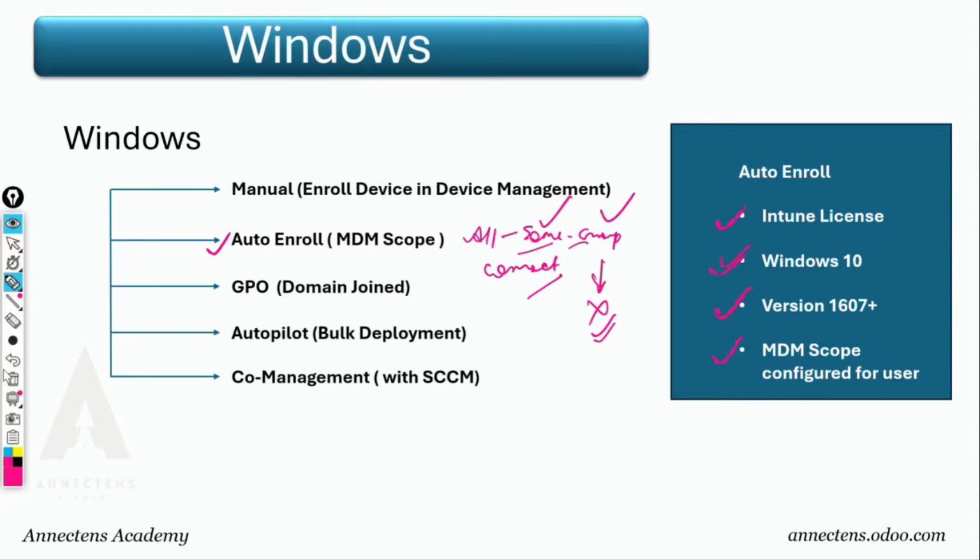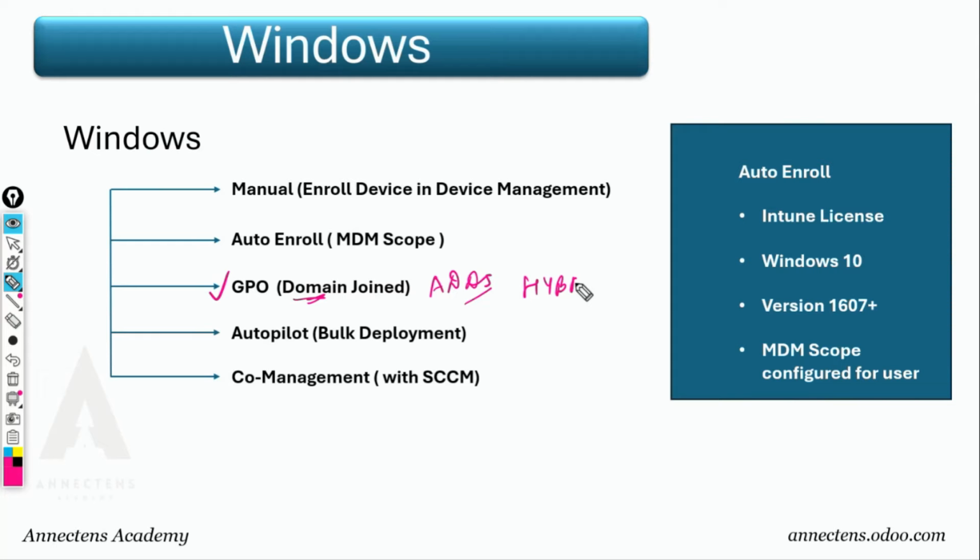Next is GPO. I hope everyone is aware of group policies, group policy objects. This is part of AD, and it works especially when you have domain joined devices. If your environment is hybrid, and your devices are already joined to the on-prem domain, then you require a machine which is hybrid AD joined, meaning it's joined to both on-prem and your Azure AD.